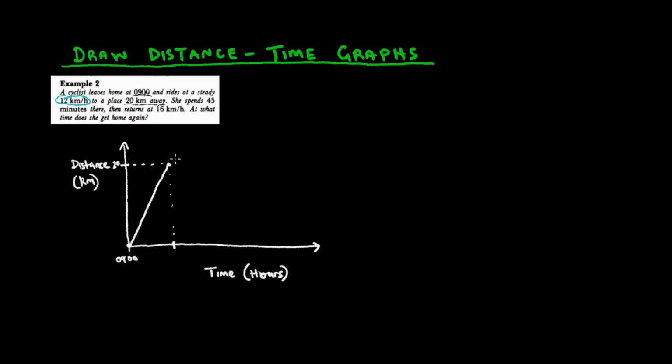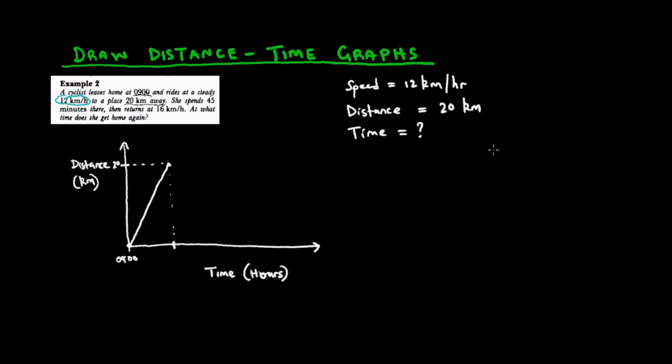The time we take to cover a journey of 20 kilometers is what we want to find. We were told the speed is equal to 12 kilometers per hour, and we know the distance is 20 kilometers. We want to know the time: the time we take to cover 20 kilometers moving at 12 kilometers per hour.